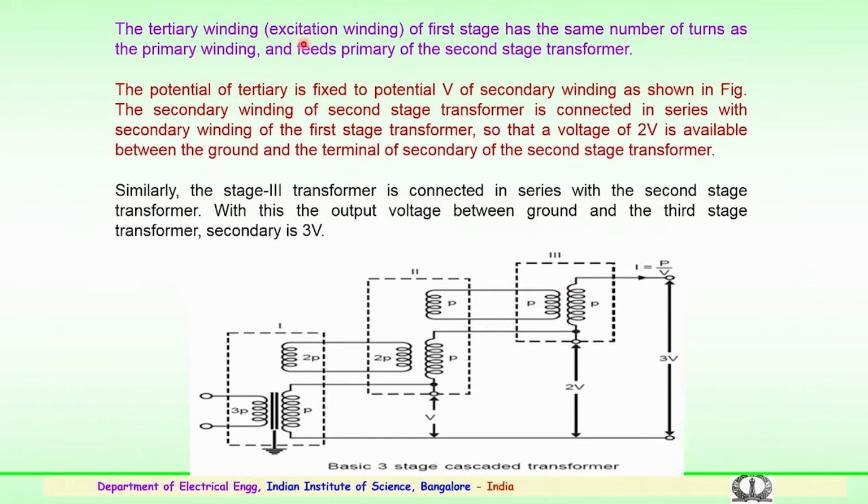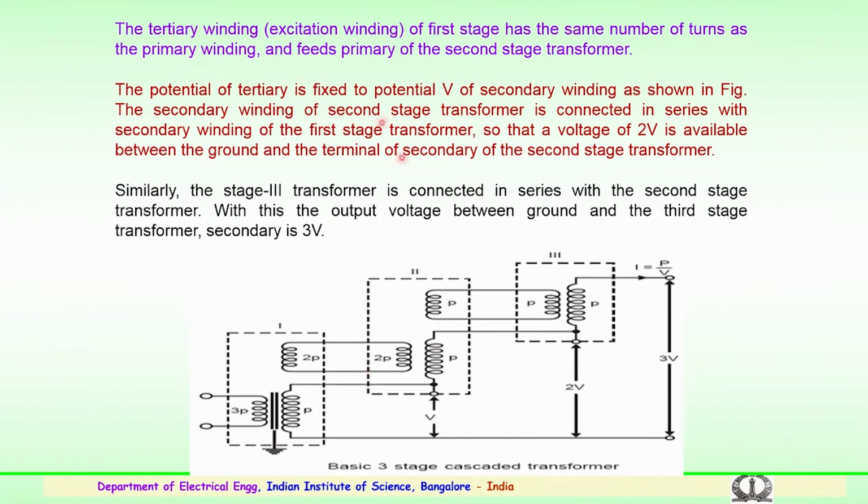The tertiary winding or the excitation winding of the first stage has the same number of turns as the primary winding and feeds the primary of the second transformer. So, all the primary windings will be of the same number of turns, and for cascading, it is important that all 3 transformers should be identical in nature.